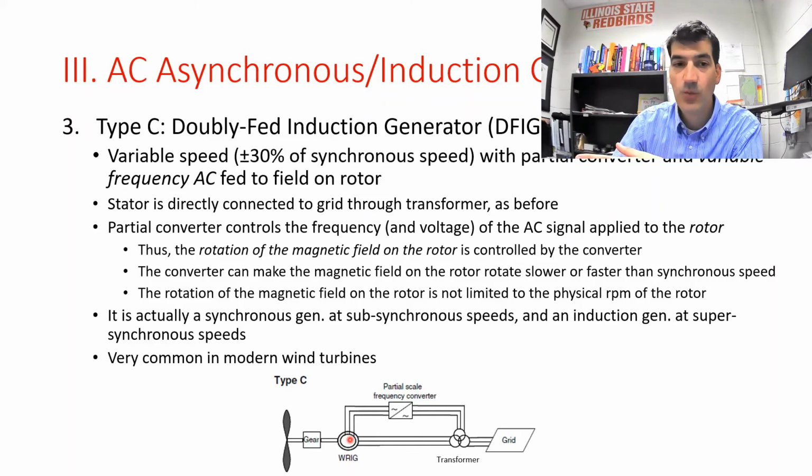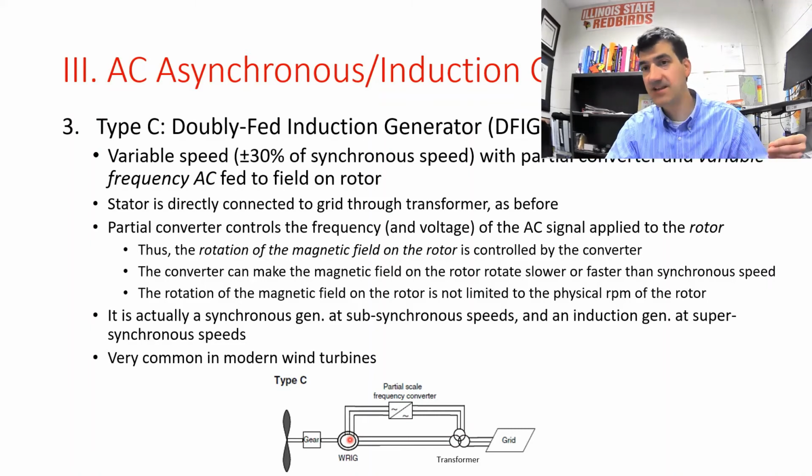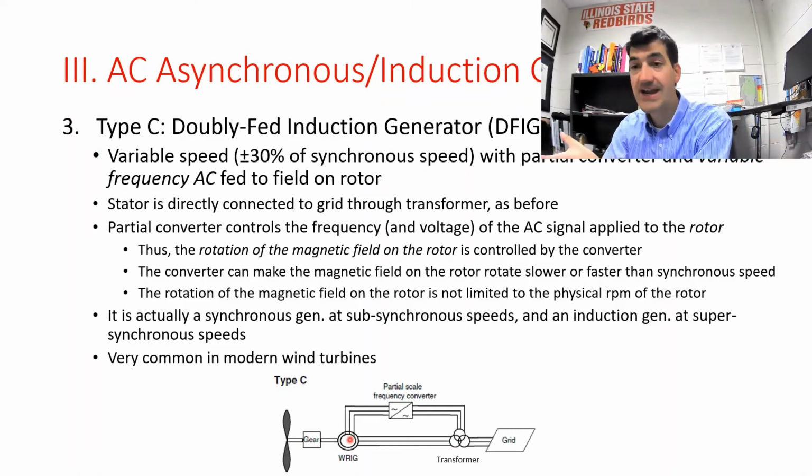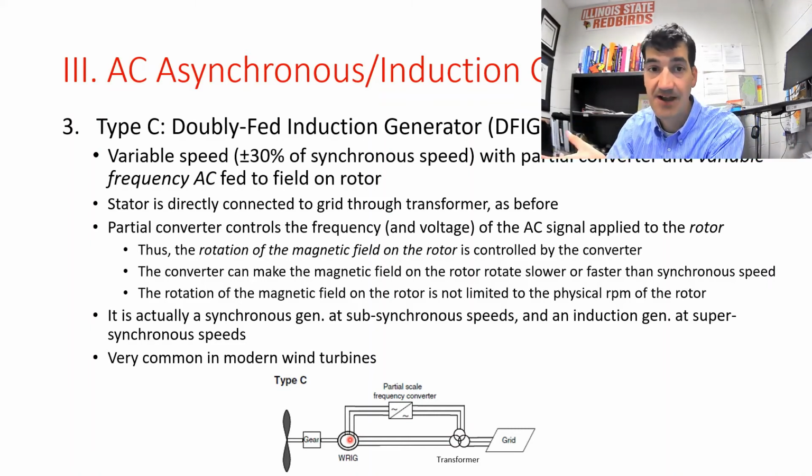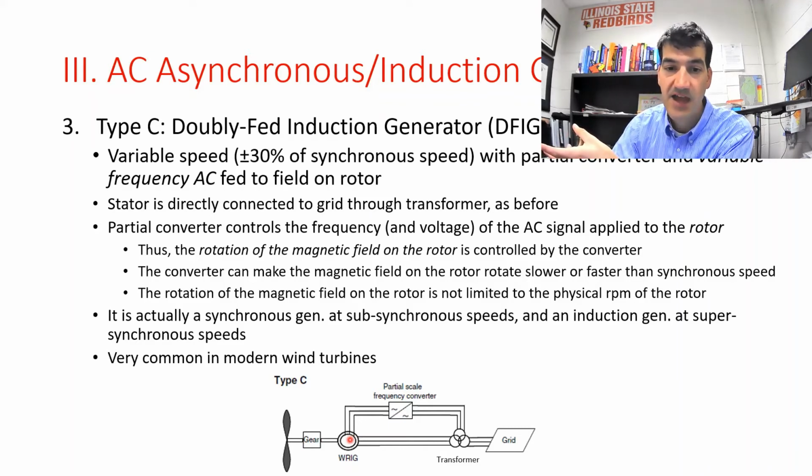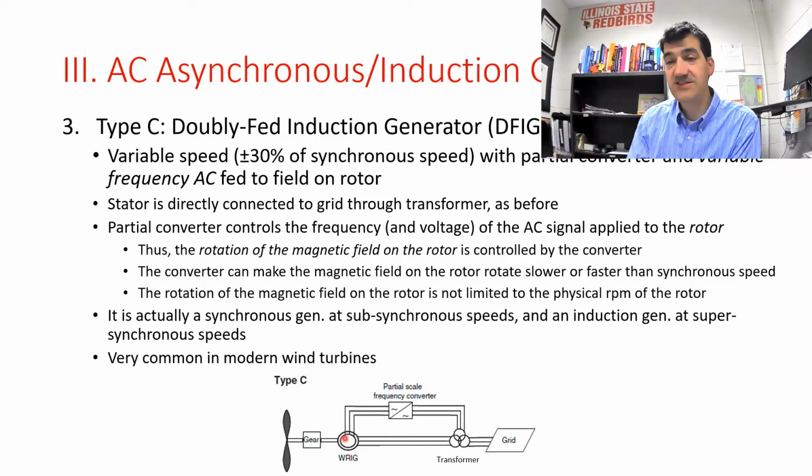Conversely, if the rotation speed mechanically of the rotor is greater than synchronous speed, greater than 1200 RPM, I can apply an AC signal from the converter in the opposite direction. So I can make my magnetic field rotate the other way on the rotor.